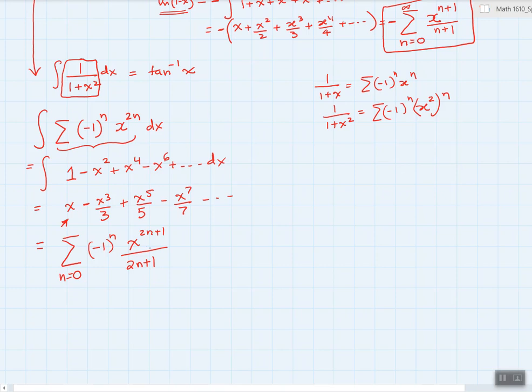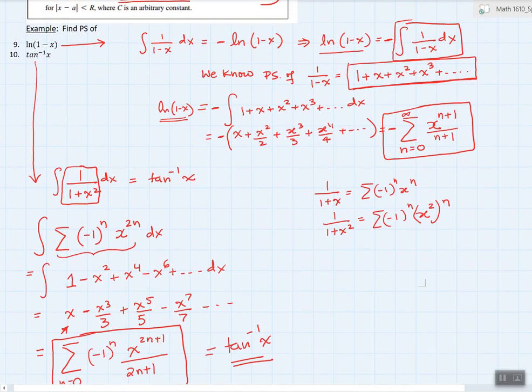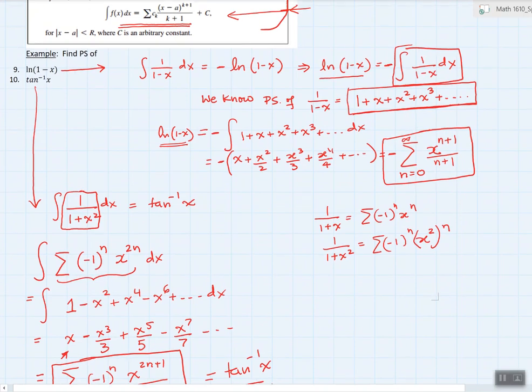Then you put n as 1, you get a negative sign, and x to the power 2 plus 1, 3, over 3, so x cubed over 3. Then when n is 2, you get x^5 over 5, so this is your power series for tangent inverse x. This is a very powerful technique of generating power series for various functions through integration or through differentiation.